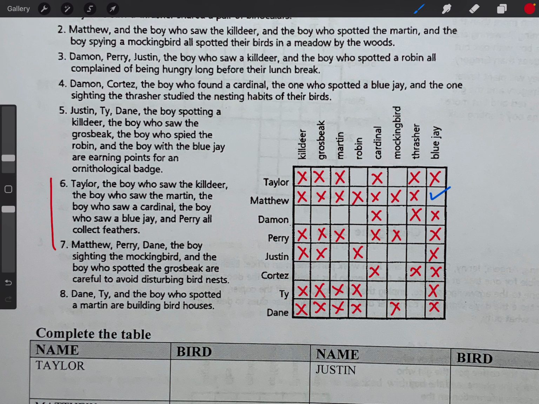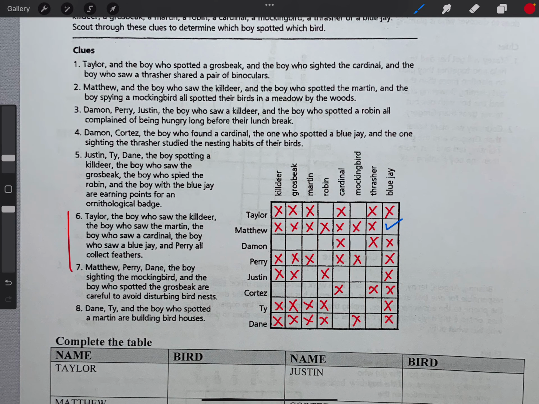Perry. Alright. Tyler and the boy who spotted a grosbeak. Robin or thrasher, Perry.